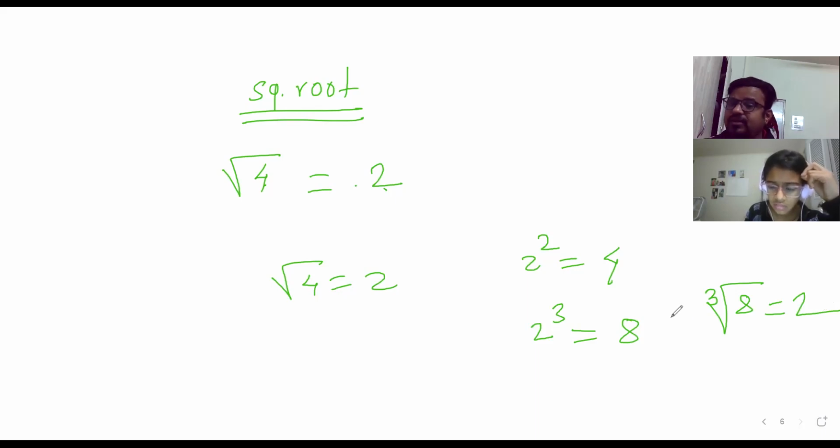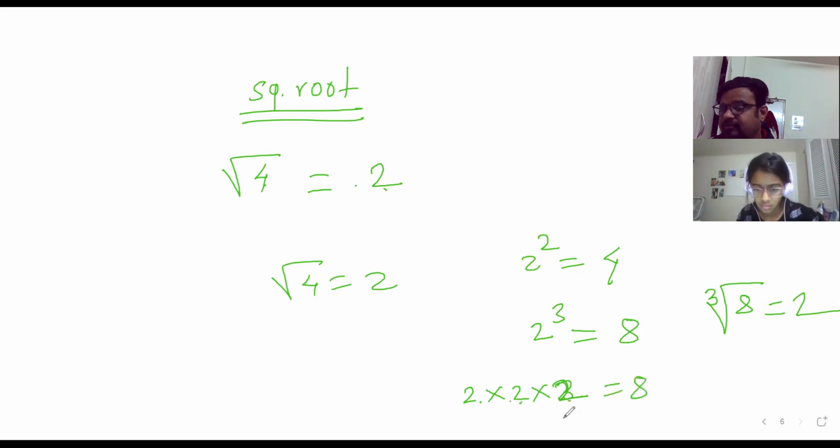But how did you get 2 to the power 3? 2 to the power 3 means 2 multiplied 3 times. 2 times 2 is 4, 4 times 2 is 8, it becomes 8. I already explained when I started this exponent that 2 raised to 3 means 2 multiplied 3 times.